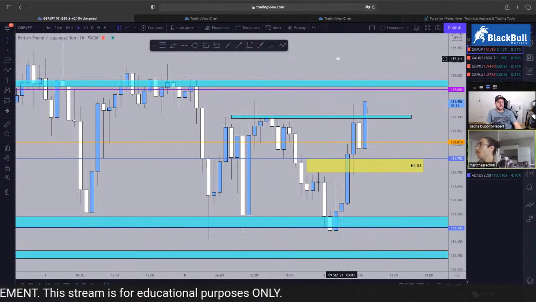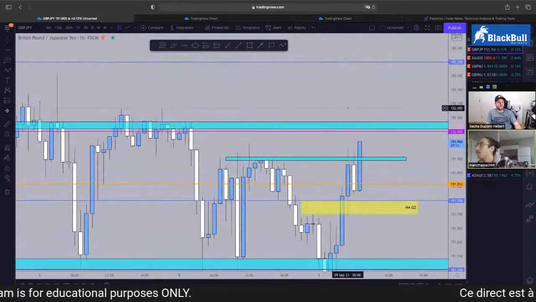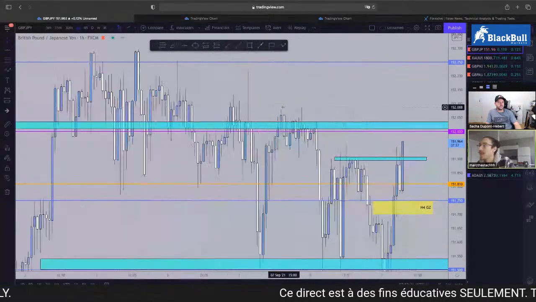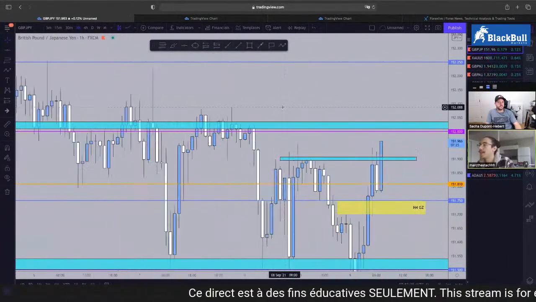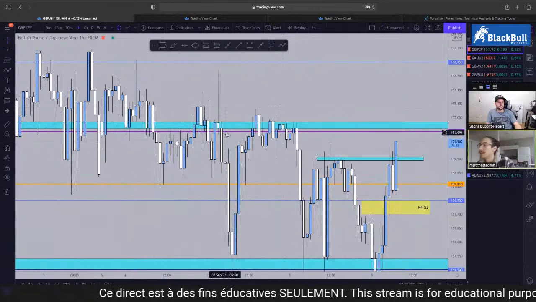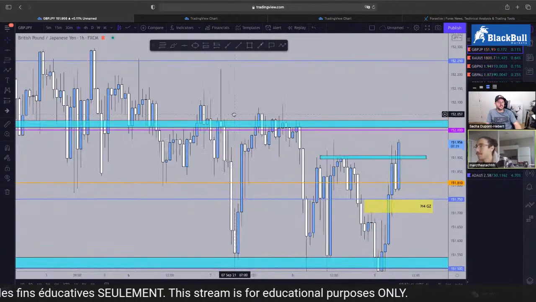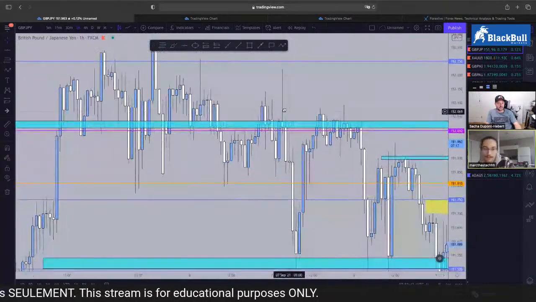So the next idea would be to wait for a break and retest of this zone. Can we break above 152 finally? We did break above many times, but yeah, never had a proper break and retest though.